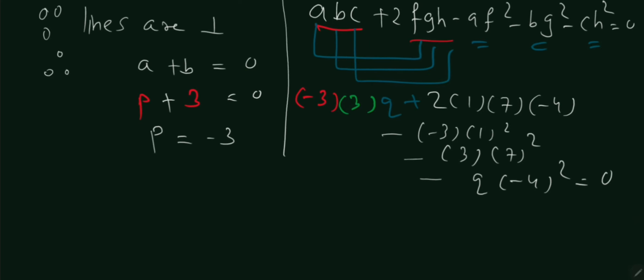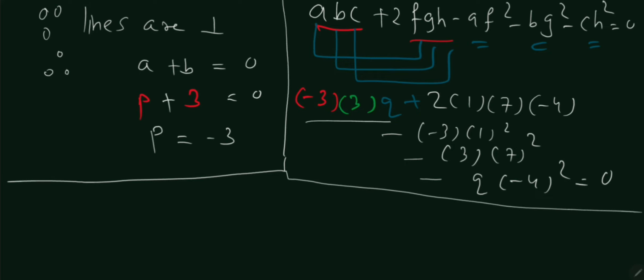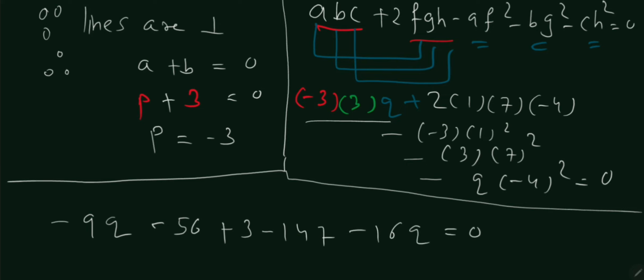So if I just simplify this, what we get here is this will be minus 9q, minus 7 4s are 28 into 2 we get 56, minus we get here plus 3 we get 49 into 3, which is nothing but minus 147, 16 into q we get minus 16q equal to 0.